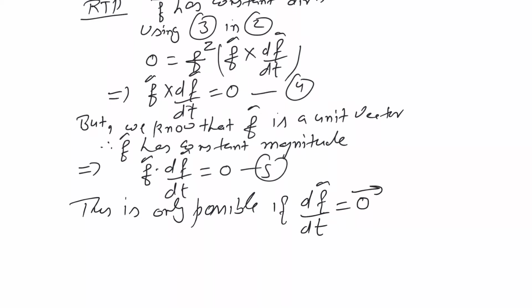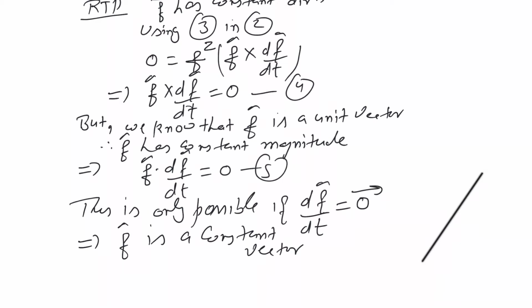And if it is a 0 vector, then from the very first theorem, remember the first theorem, if the derivative of a vector is 0, this implies that f cap is a constant vector. I will once again recall that f cap is the unit vector in the direction of f.